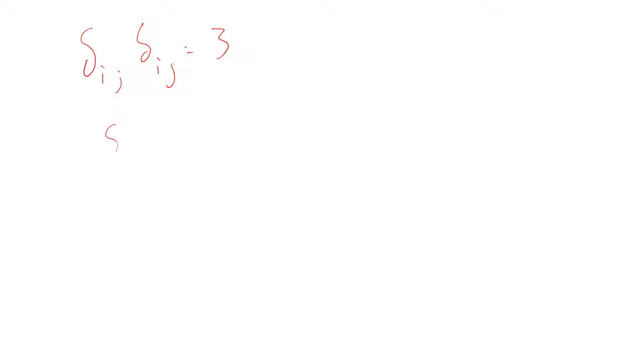The next one, delta ij, delta jk, delta ik equals 3. A lot of people didn't use the substitution. I wrote this wrong, delta ik. The substitution property for the delta.